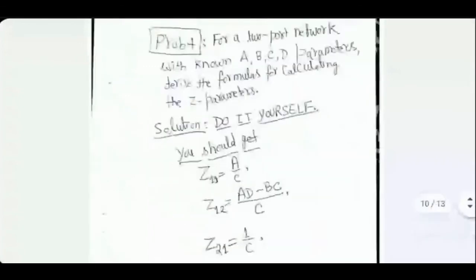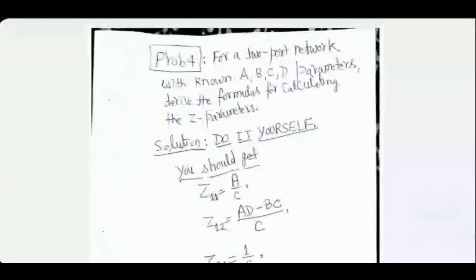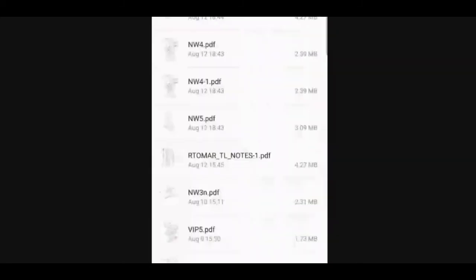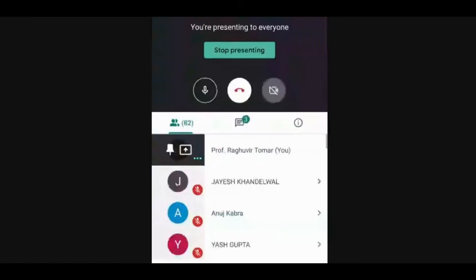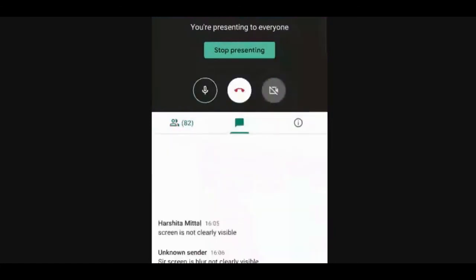Now, one problem with all these parameters, Z, Y, whatever. Let me stop this document first. One thing that you have seen, whether you talk about Z parameters or Y parameters or ABCD parameters, they are all using voltages and currents.